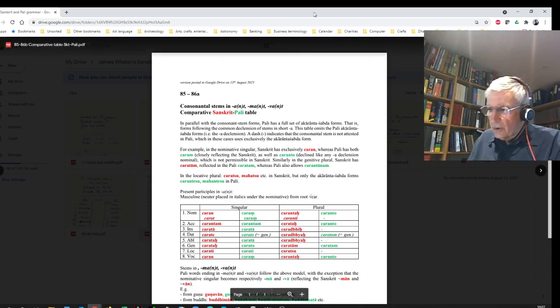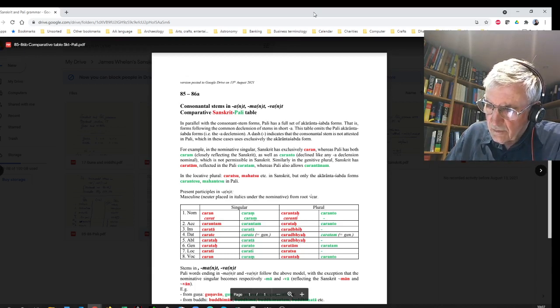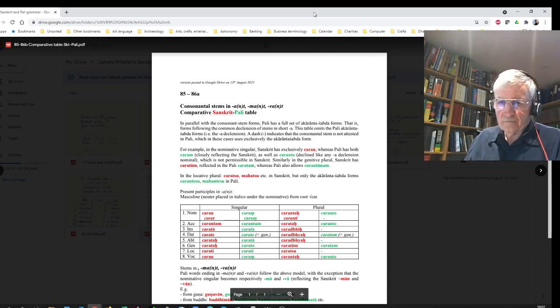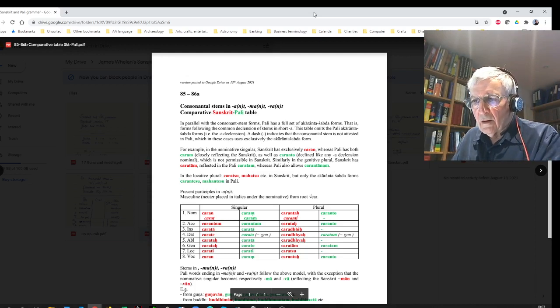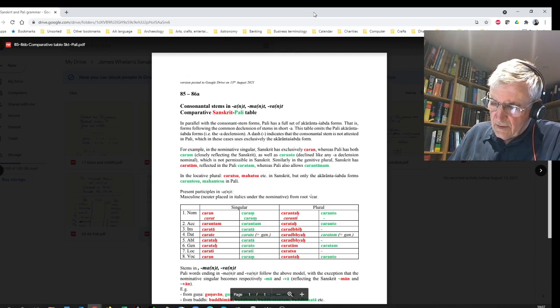Now, let's look at the plural, Sanskrit and Pali. In the plural, Sanskrit has charantaḥ.